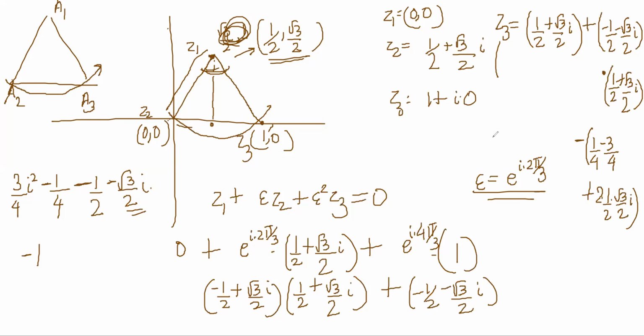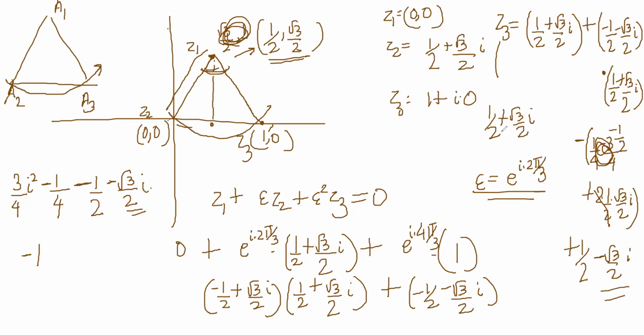And outside we have half plus root 3 by 2i. So this becomes minus half, and this is minus half plus root 3 by 2i. So plus half it's correct, minus root 3 by 2. Oh, it is coming. So the orientation is correct.